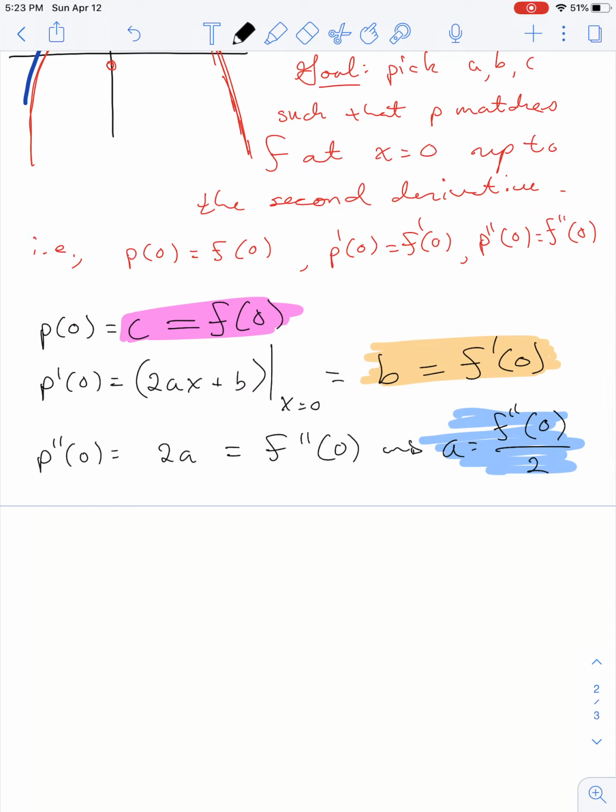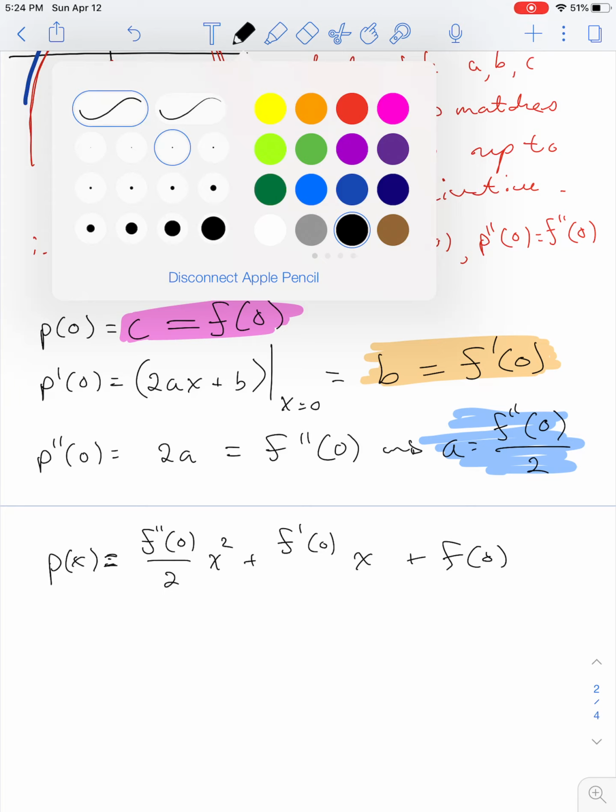So filling these in to our polynomial, I have p of x equals f double prime of 0 over 2 times x squared plus f prime of 0 times x plus f of 0. And now this is a parabola.